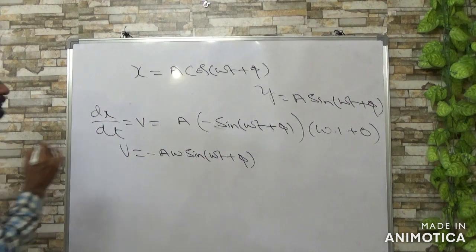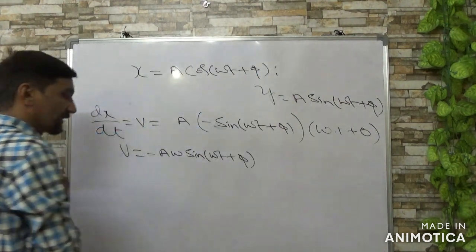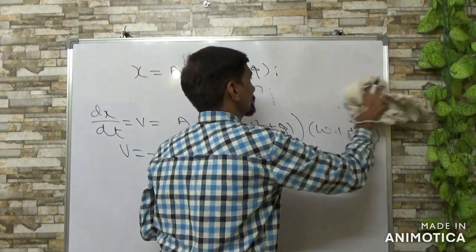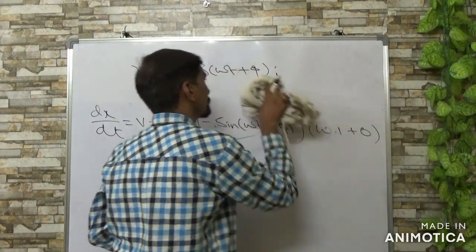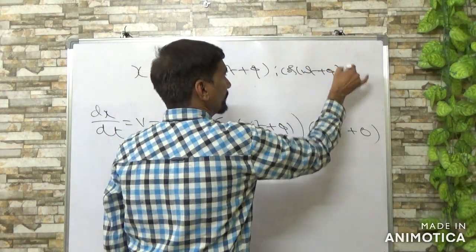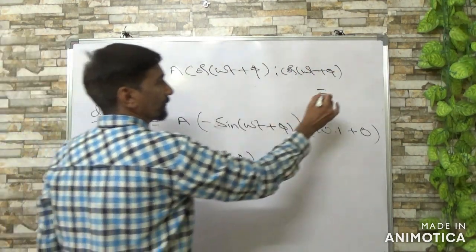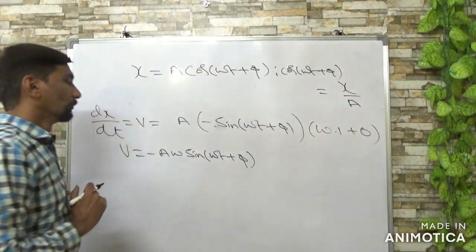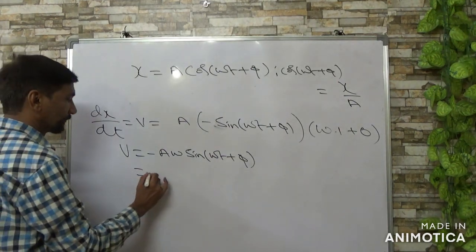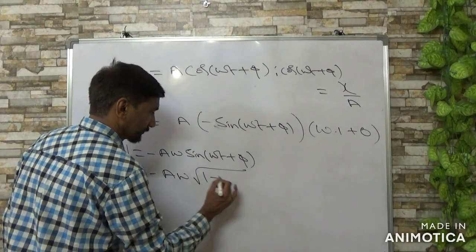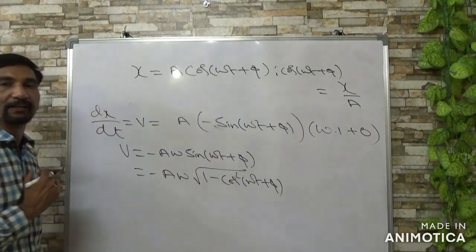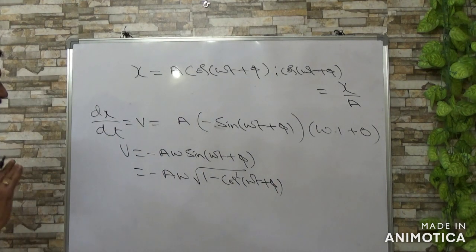Or see, cos(omega t plus pi) can also be taken as x by A. Now sin can be taken as under root of 1 minus cos square theta. So you can write 1 minus cos square(omega t plus pi), right?